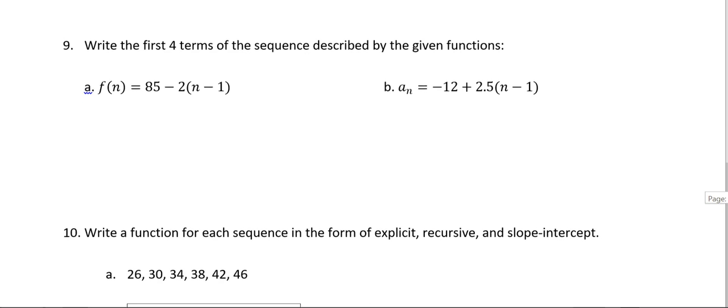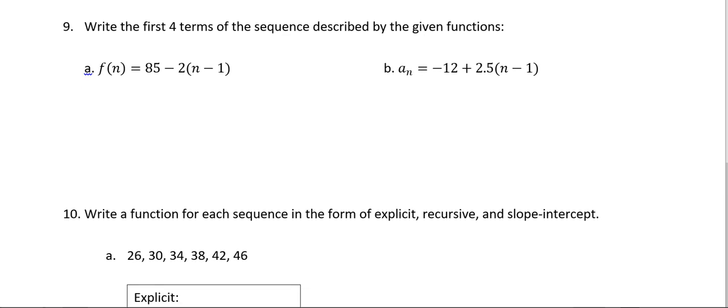Okay, number 9, write the first 4 terms of the sequence described by the given functions. Looking for my first 4 terms of these sequences, this is a little different. They haven't given me my first term, so I'm actually going to have to use my function rules. So I'm going to begin with 85 minus 2 times 1 minus 1.